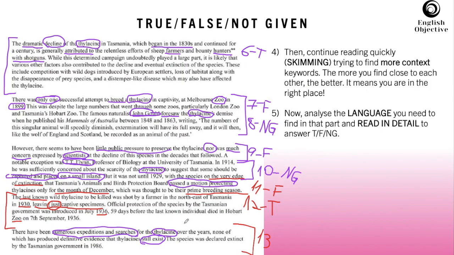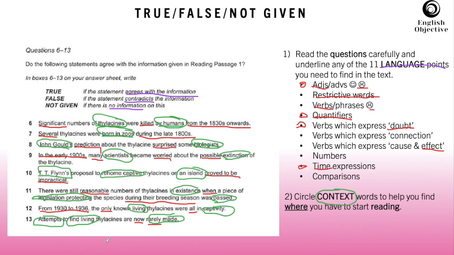So time expression. The species was declared extinct by the Tasmanian government in 1986. So they don't really mention anything about now. So it doesn't really contradict, because the opposite of rarely would be always. I don't have anything about now, so I have something about the past, but nothing about the frequency.